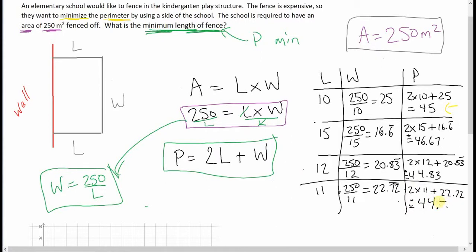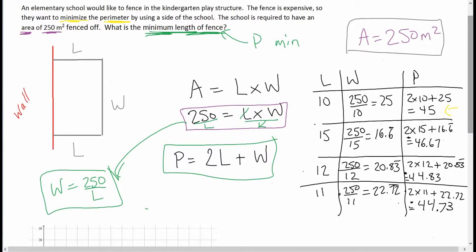I'm just going to round that to 0.73. Okay, so what was better? 12 or 11? 11 was better. 10 is worse. So we're starting to see a bit of a pattern here.